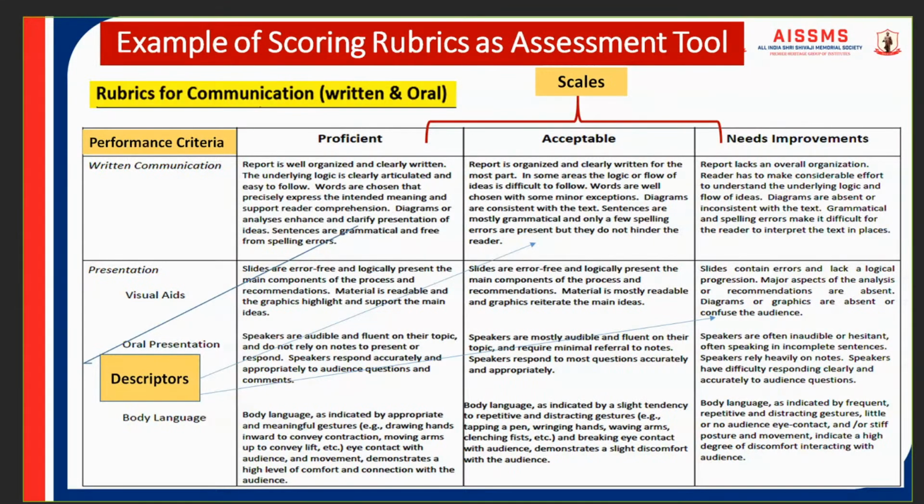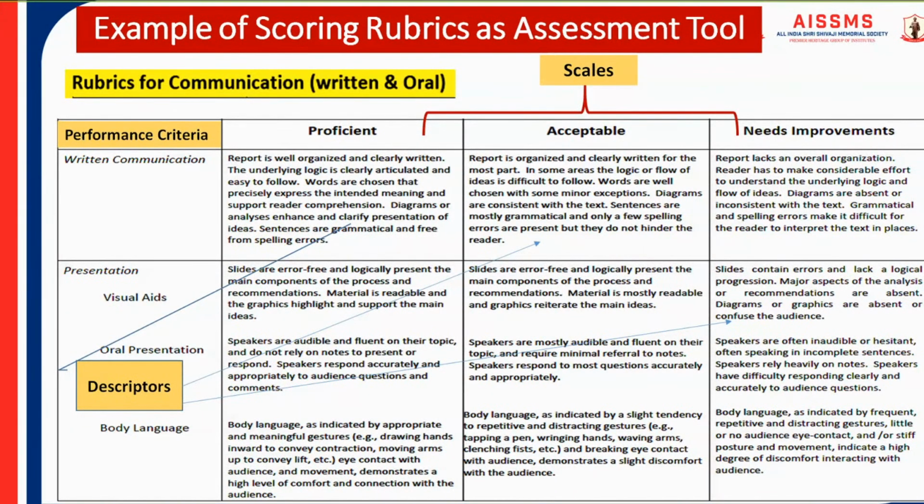So we call them the performance criteria. Then when we look at the scales, what is the scale over here? We have proficient, whether he's proficient in all these criteria, whether he's acceptable, or whether he needs improvement. So in this way, you can prepare a scoring rubrics as an assessment tool.